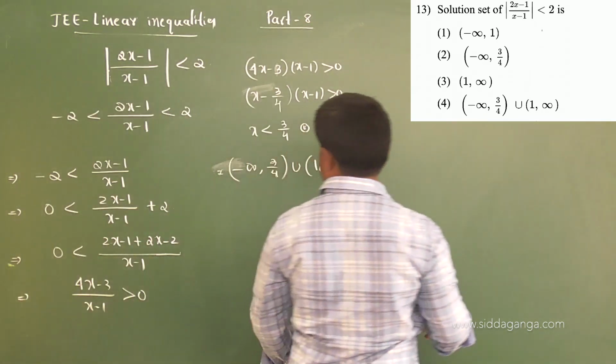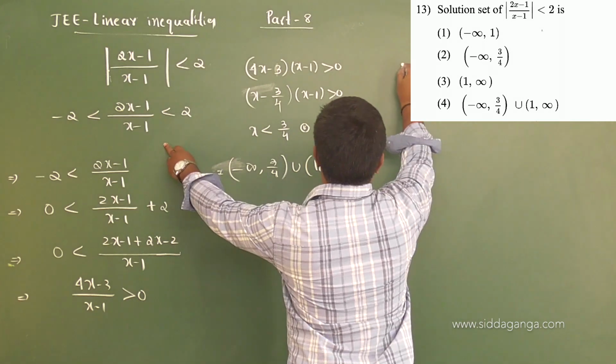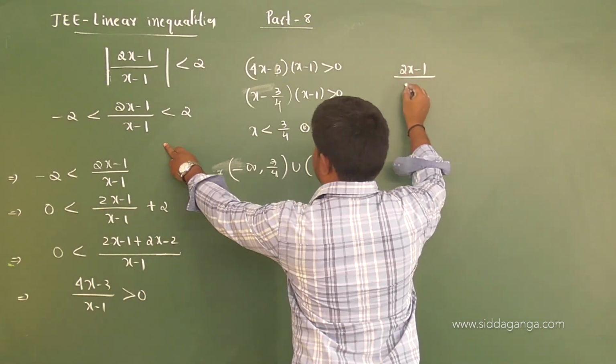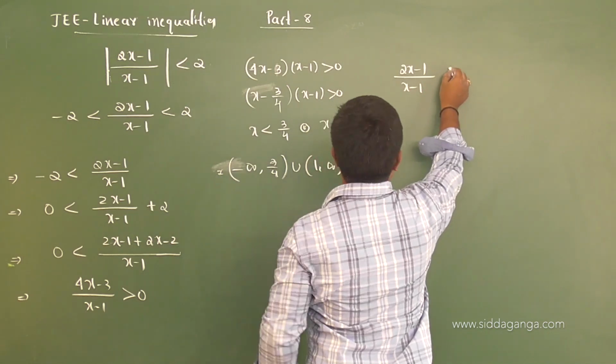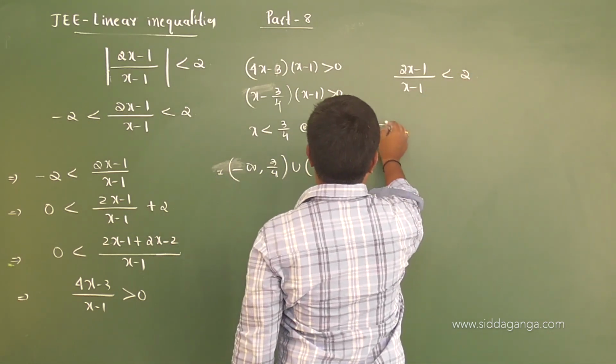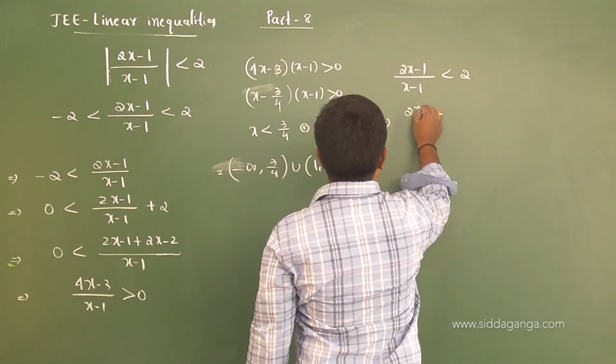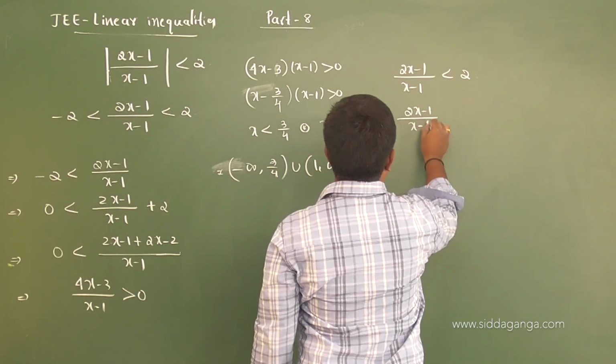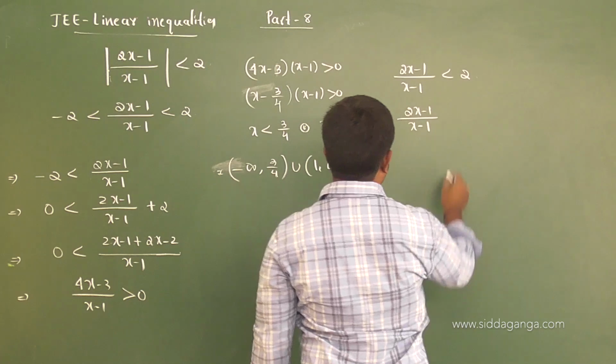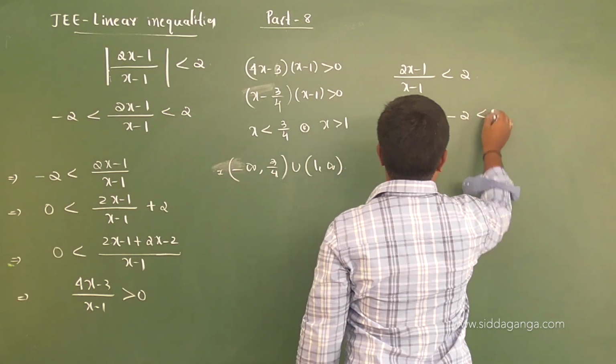Let me move to second case. Second case is what? (2x minus 1)/(x minus 1) less than 2. Again, by adding minus 2 on both sides, you get (2x minus 1)/(x minus 1) minus 2 less than 0.